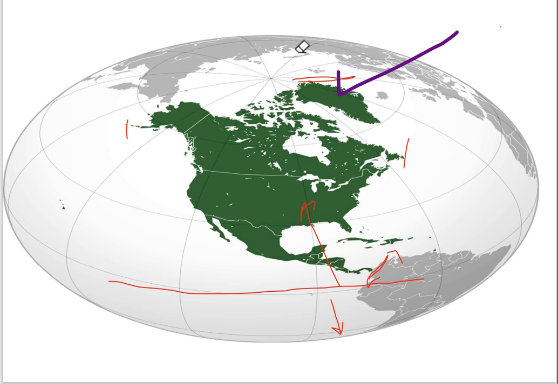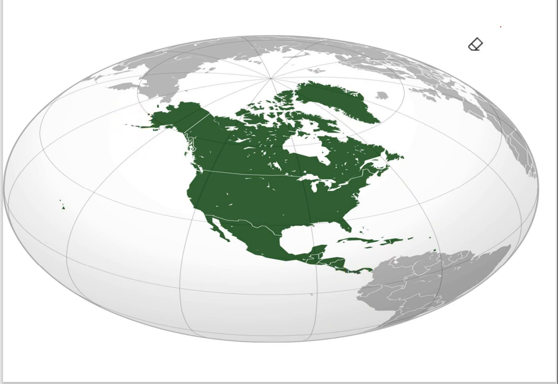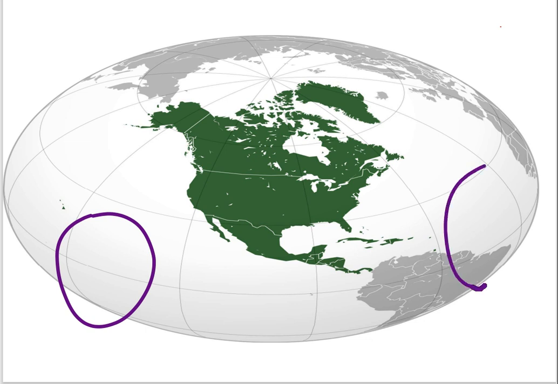Okay, so first of all, let me erase this, and now we'll discuss. First of all, we have to understand that the earth's shape is spherical, and it can be divided, or imaginarily divided, into two categories: the first one vertical and the second one horizontal.